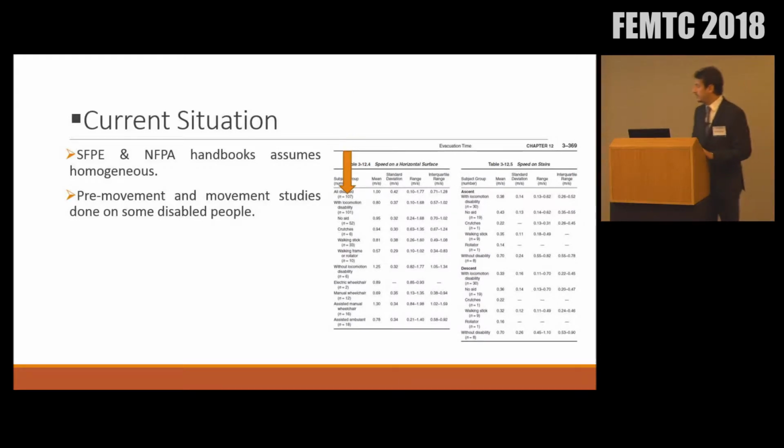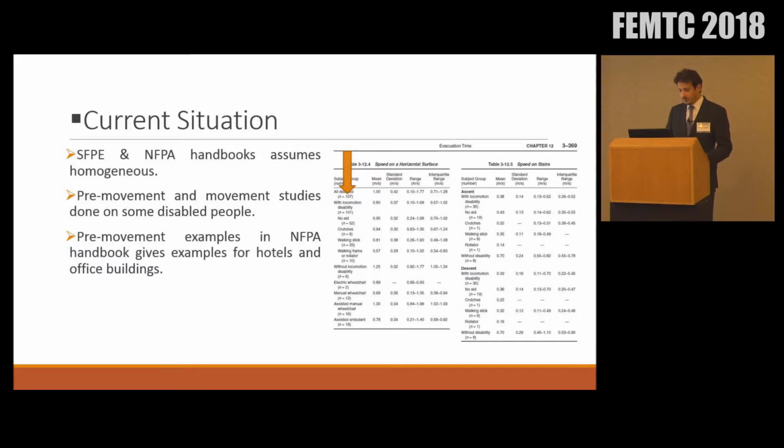Here's an example from, I think, non-FPE or SFPE. The number of disabled people in this table is only 107. That's not considered a significant number to do a study or a model on. Pre-movement examples in non-FPE give examples on hotels and office buildings. What about other types of buildings?